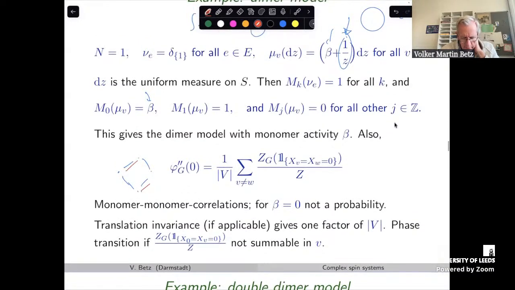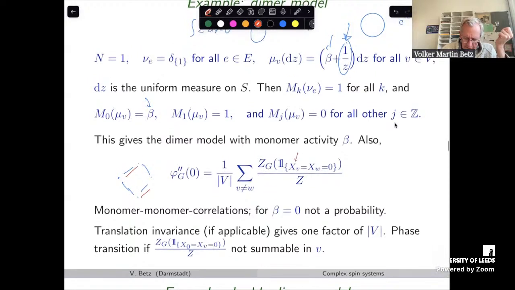And if you do the second derivative, which we say should be linked to the phase transition of the complex spin system, then you already get a factor of z at v. So you get z_v times z_w, integrate that. And that means that since you already have some, you cannot have any others and you cannot destroy it. So basically it means that these have to be empty and they don't get a factor of beta, they just have to be empty.